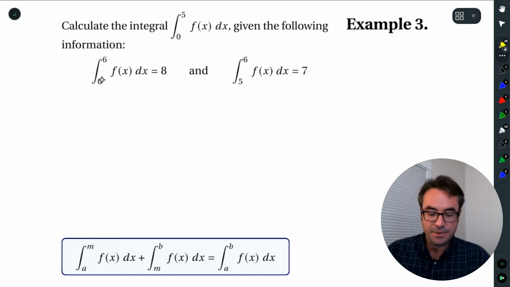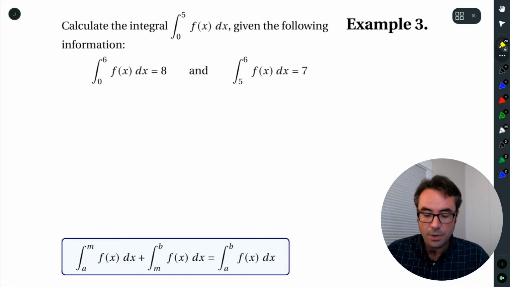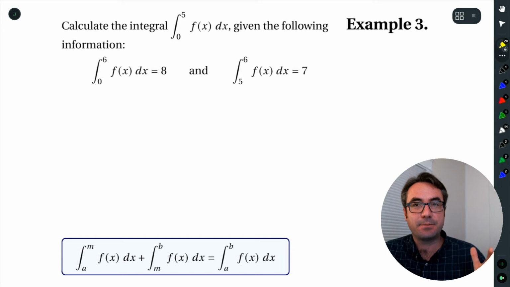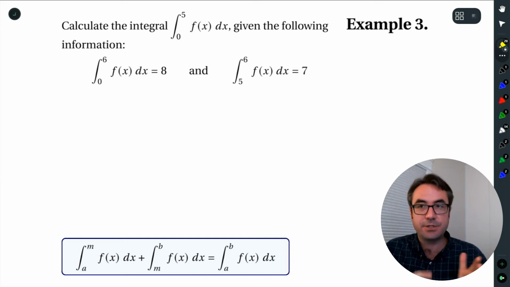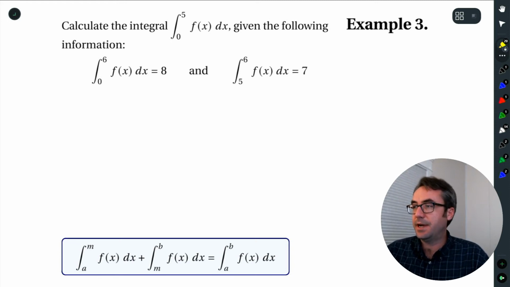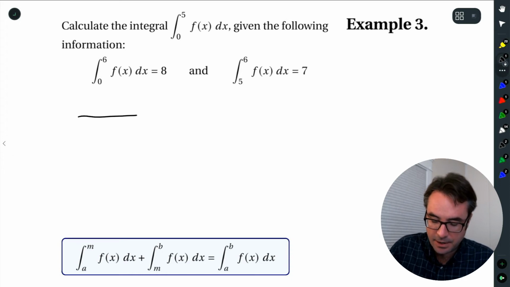And so when we see that we're dealing with these different limits of integration, different intervals here, it helps to think of these limits of integration as intervals along the x-axis. All right, so let's try it out. Let's diagram this out. Let's draw our x-axis.